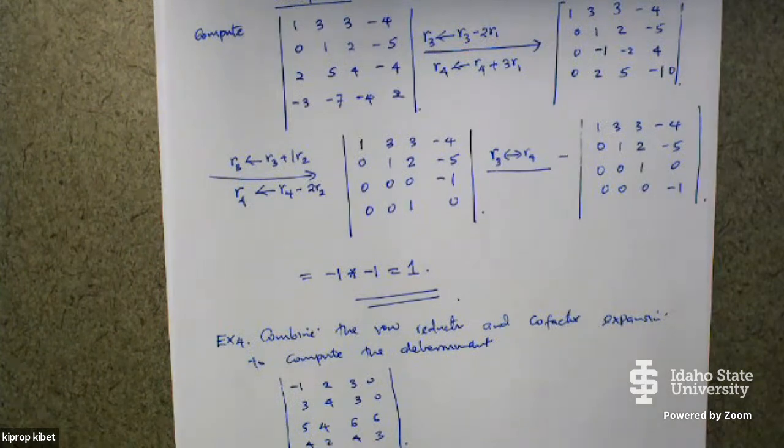So you can do the row operation to get one of the zeros here. What you can do is subtract row 2 minus row 3, so that one of them is 0.